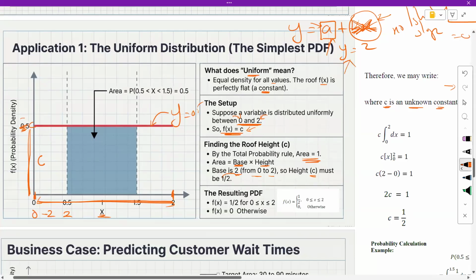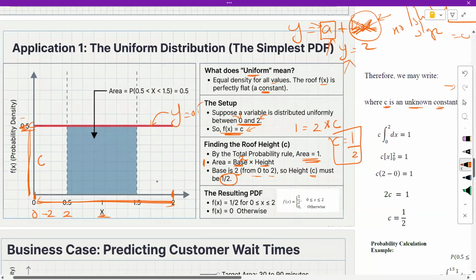C must be half. Why half? We know the area always equals 1, and the base is 2. So 1 equals 2 times c. So c equals 1 over 2. So we easily found the value of c, the height.